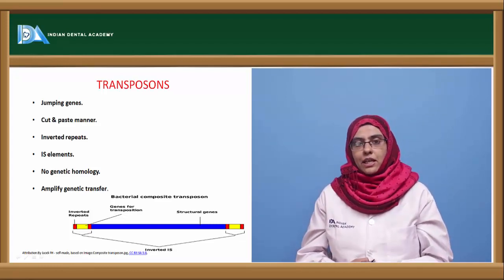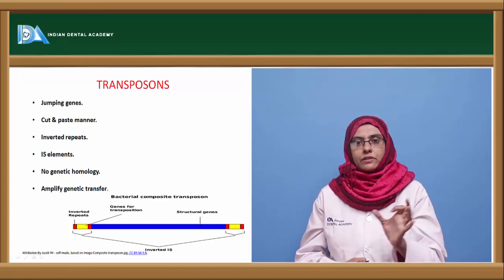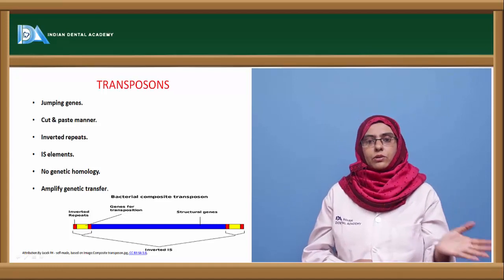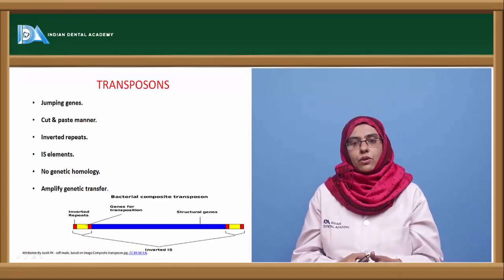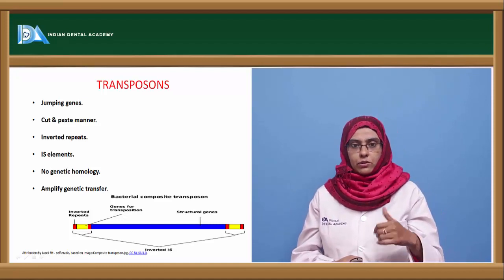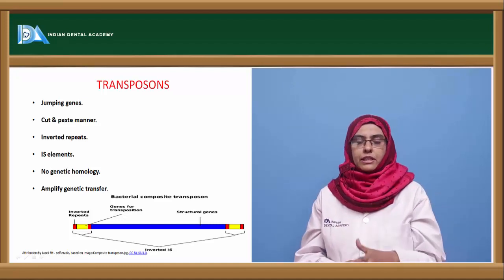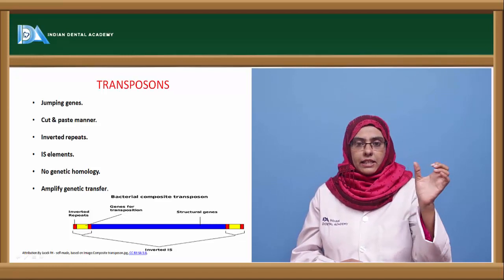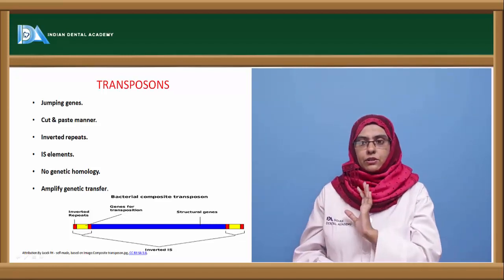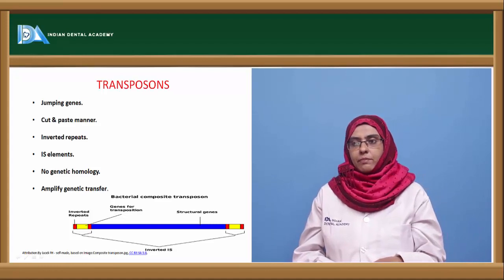Transposons move by a mechanism called cut and paste. Sometimes they can also do a copy and paste, but mostly it is cut and paste, where the segment of DNA is cut from one part and introduced into the other part. So they are called jumping genes.